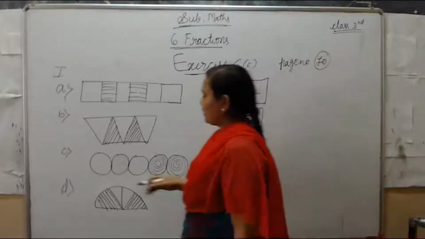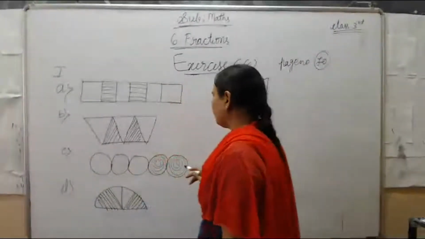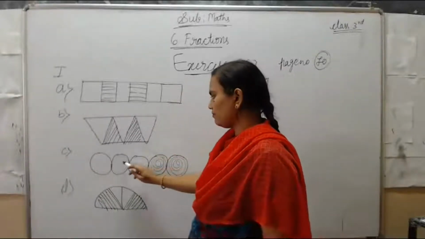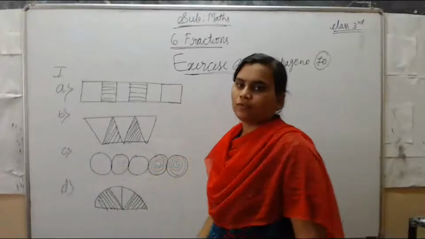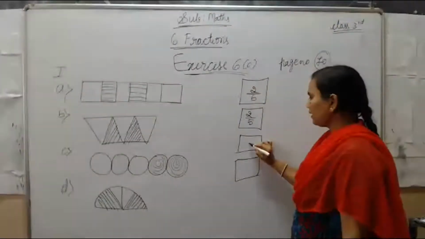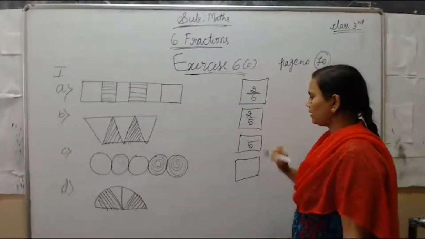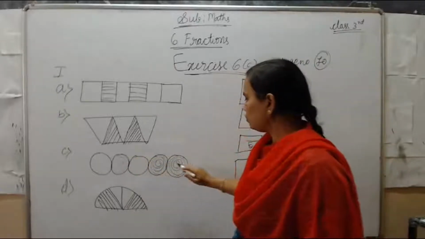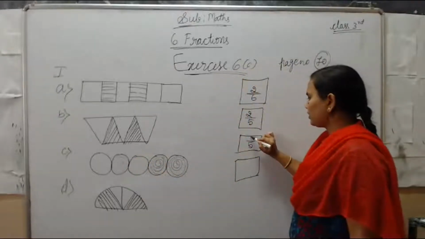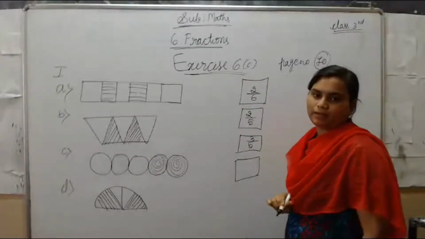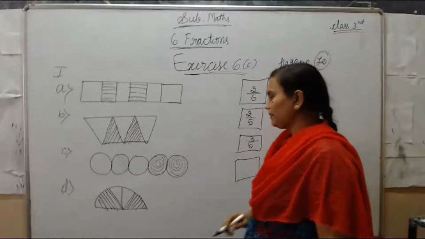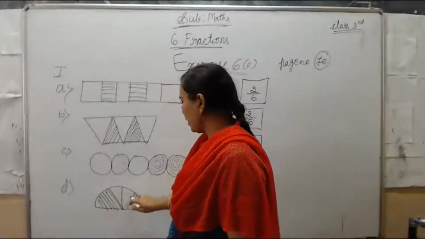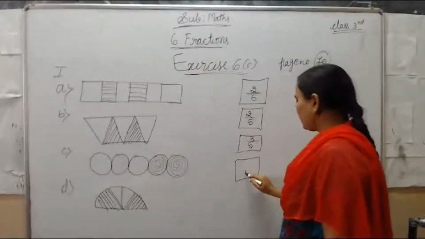In this third shape, C1, how many circles are there? 1, 2, 3, 4, 5. 5 circles are there. This 5 comes in the denominator, and what do we have in the numerator? 1, 2, 3 means shaded part. That's 3 by 5 we get. Next one, how many parts are there in this one? 1, 2, 3, 4. 4 parts are there.